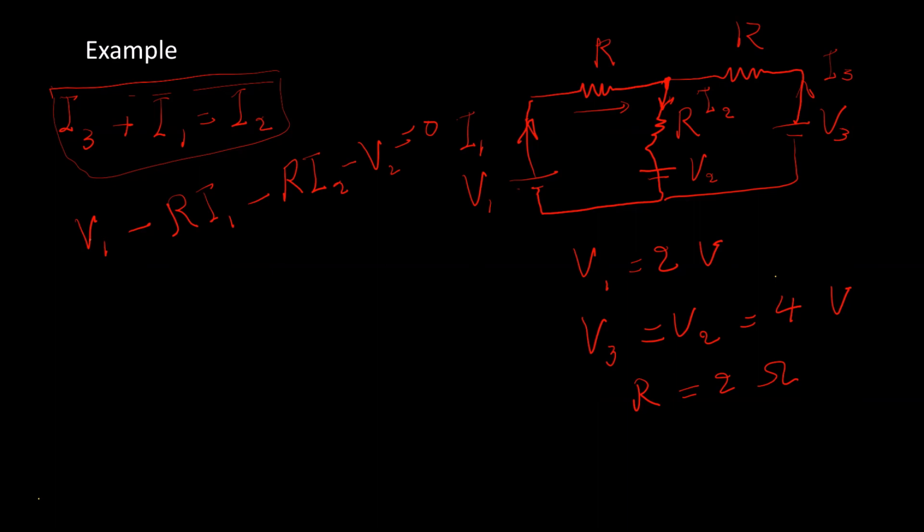So this V1 was 2, so this is 2 minus 2I1 minus 2I2 minus 4.